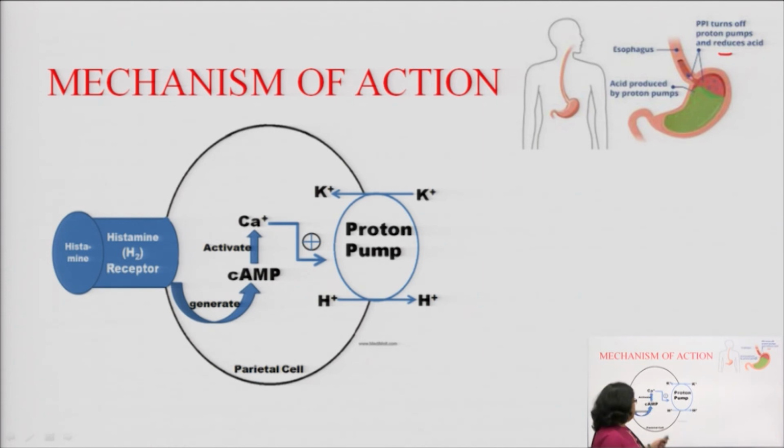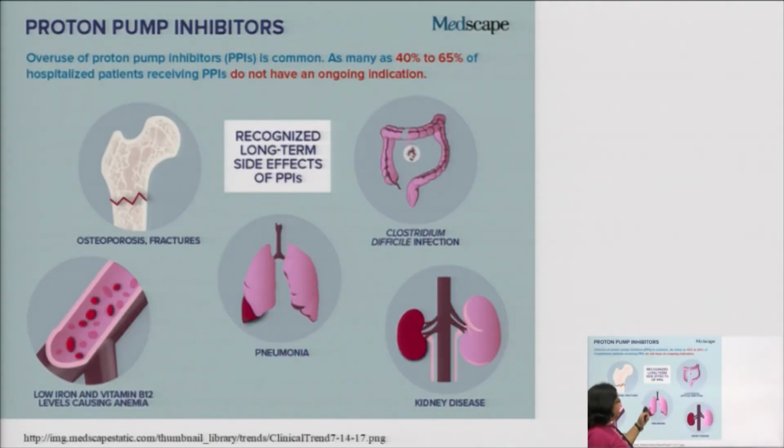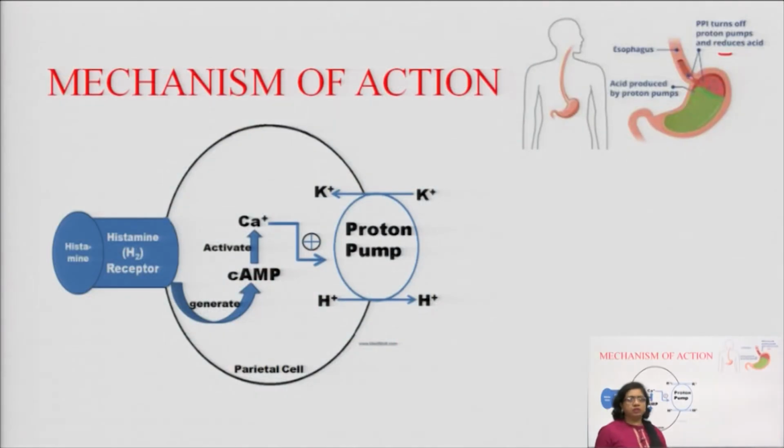So, we will discuss in detail. See, when histamine is released, it binds with the H2 receptor. It increases the cyclic AMP, activates calcium release, and this calcium release will accelerate the proton pump to release acid.